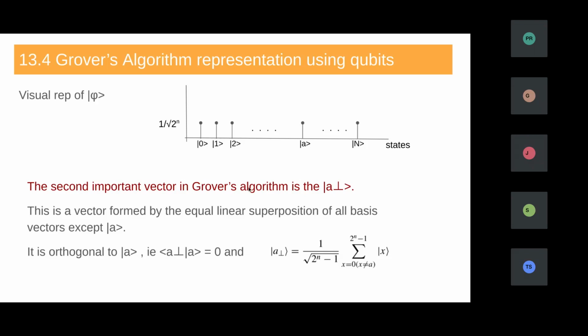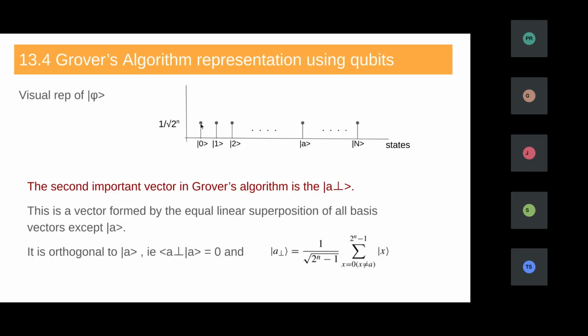So basically we have to only find one candidate A which is orthogonal as well as orthonormal to A transpose. Therefore this A T is the second thing we need to know, and this can be represented here as 1 by root of 2 to the n minus 1, sigma x equal to 0 to 2 to the power n minus 1, of the ket x.